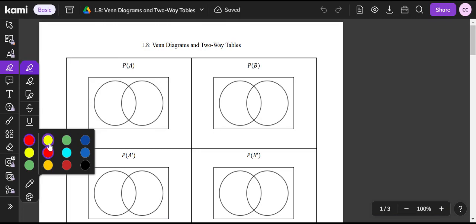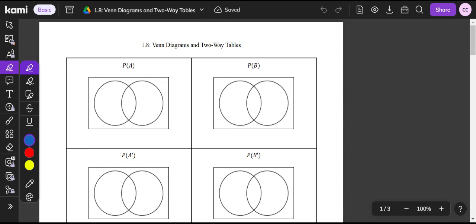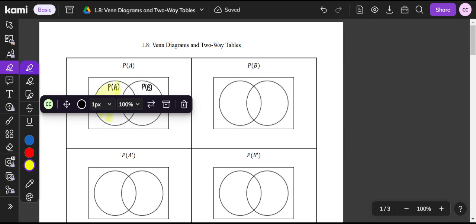So what I'm going to do, we have a bunch of these tables for us, and they're each labeled something different. The goal of this is to just shade some things in to represent what these probabilities are. So let's say this circle in this first one represents the probability of event A. And this circle to the right represents the probability of event B. If I wanted to figure out what the probability of A is, I'm focused on just this circle right here.